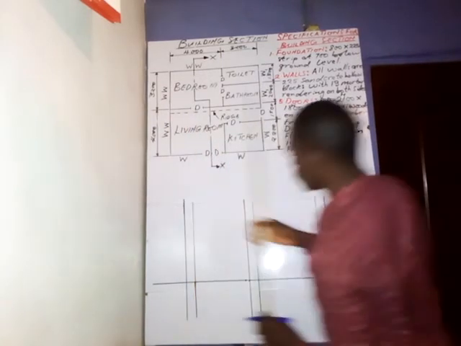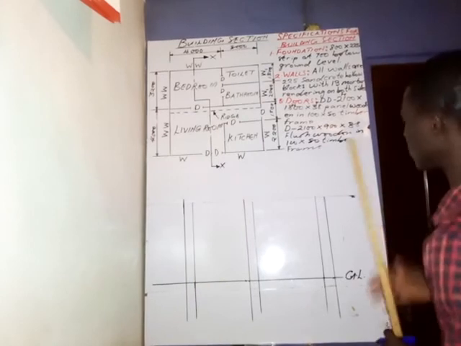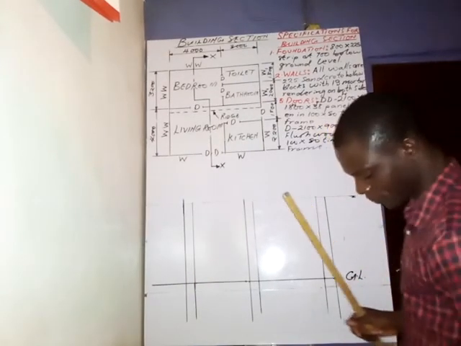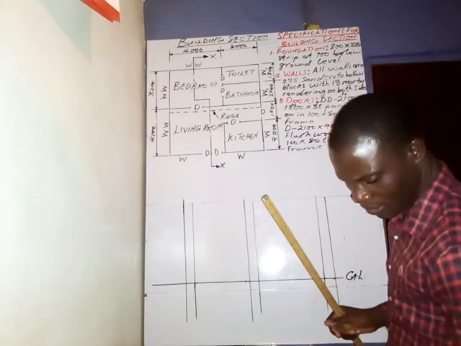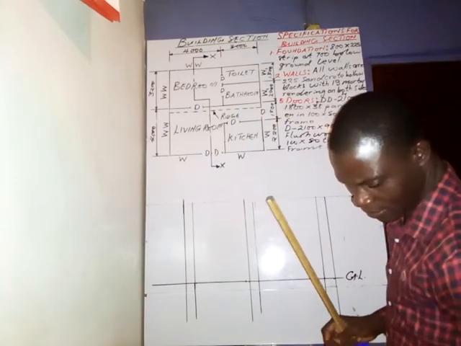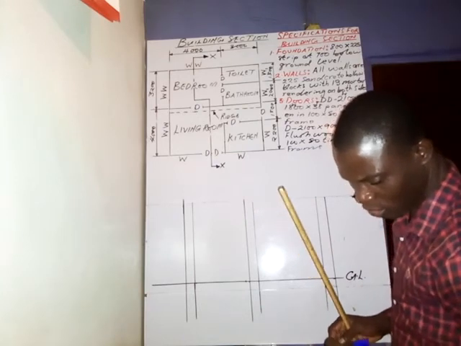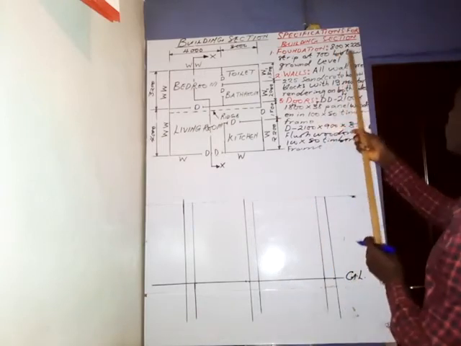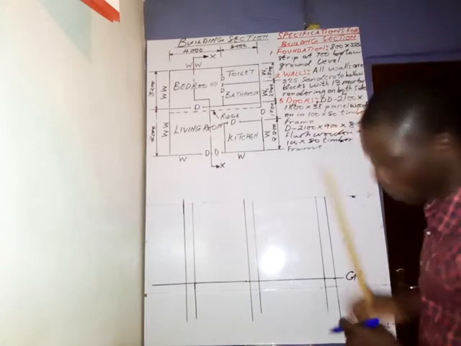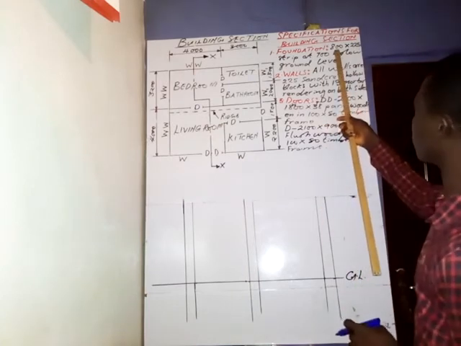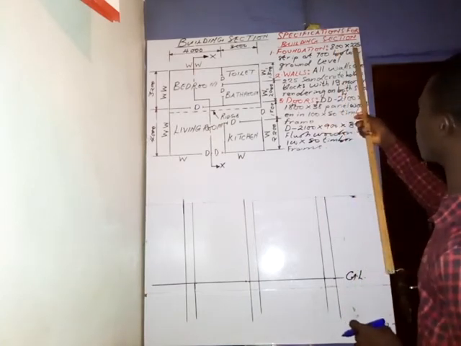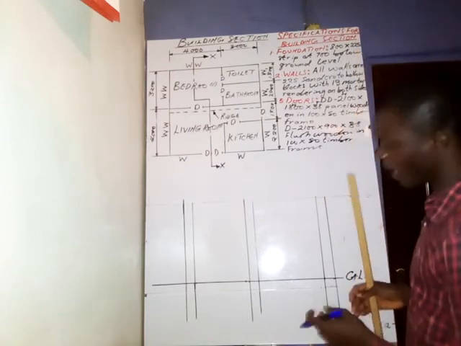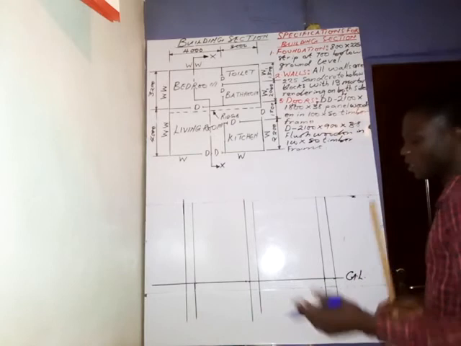All right, so having done this, the next thing is, let's go to where we have the foundation. If you divide 800 by 50, that will give us 16. And 225 by 50 will give us 4.5, which is approximately 5. Let's make it 5 millimeters.